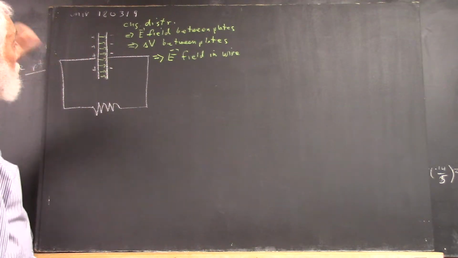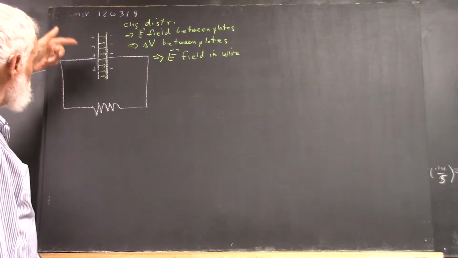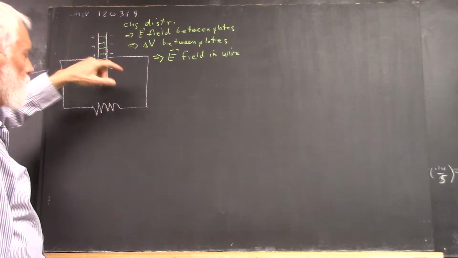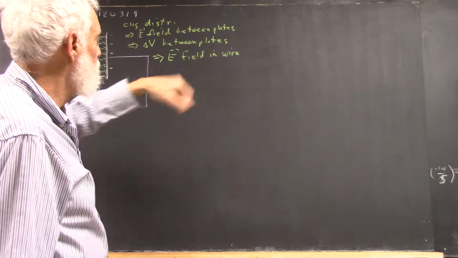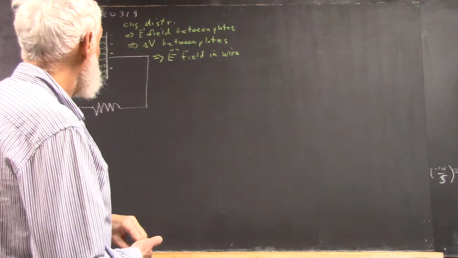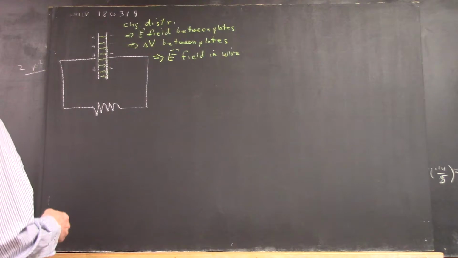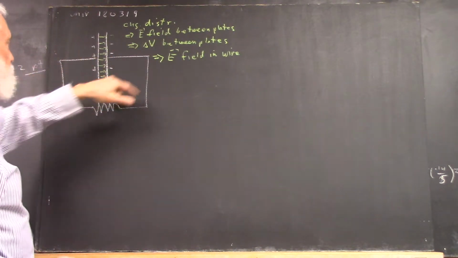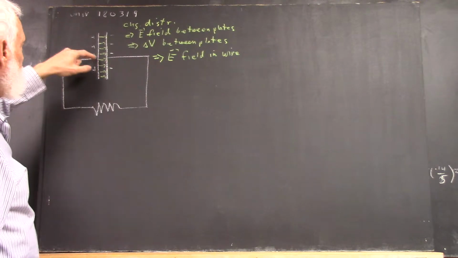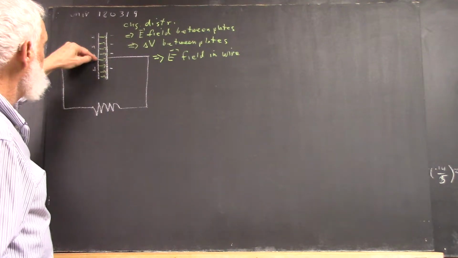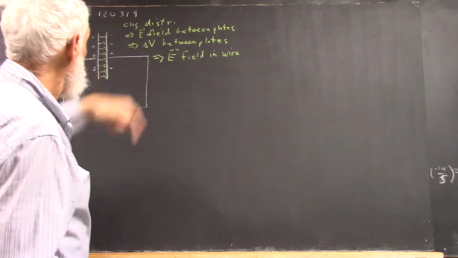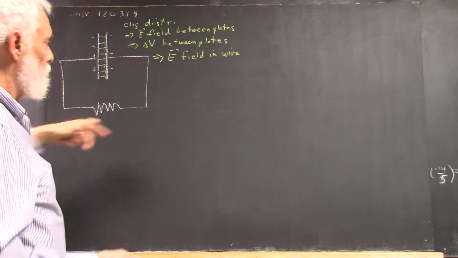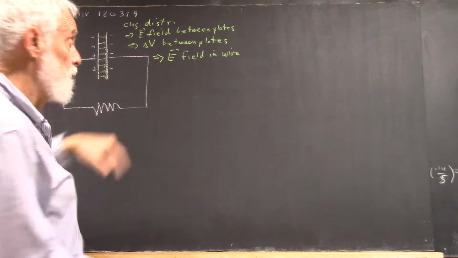But anyhow, whatever charge in a small unit of time moves from one plate toward the other, the electric field in the wire is such that the potential difference has to be the same from here to here as it does from here to here. So you get an electric field in the wire, okay? And again, we're assuming a uniform wire, so it'd be a uniform electric field.